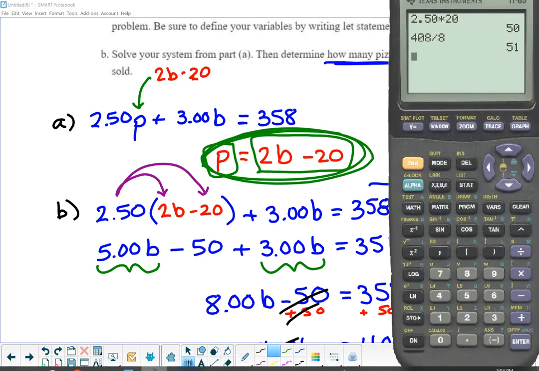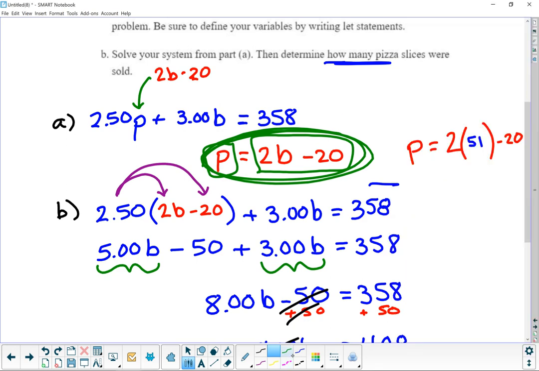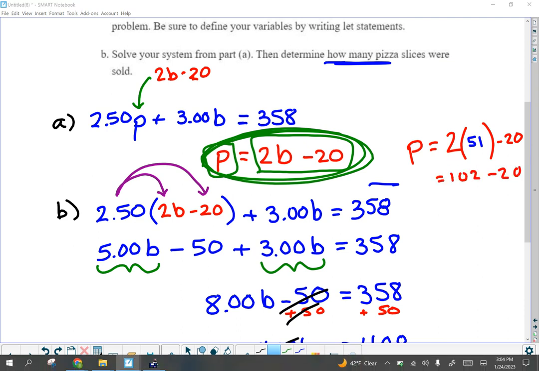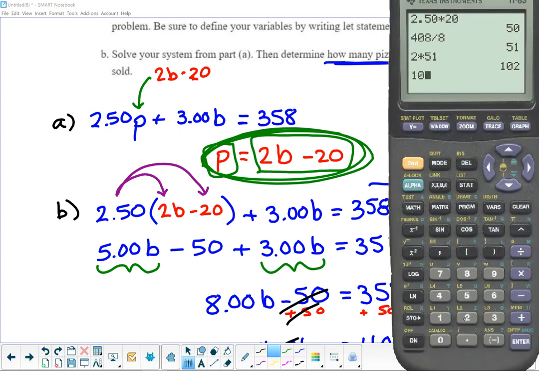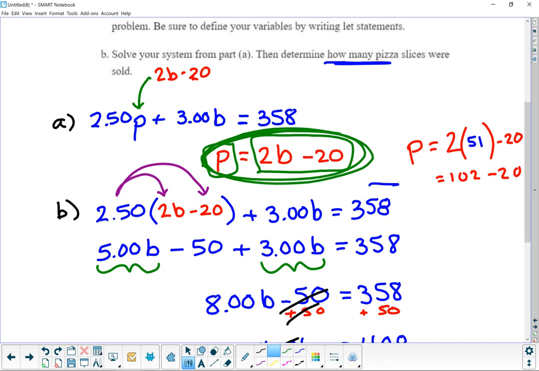Again, if you need a calculator, pull it up. 2 times 51 is 102. Then 102 minus 20 is 82. So the number of pizzas equals 82. That's your final answer.